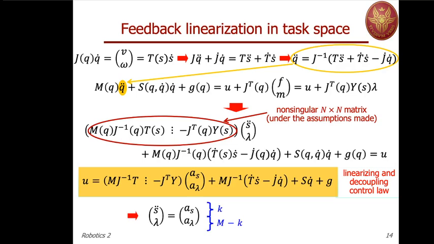So the result is what is expected, as I said. S double dot will be equal to A of S, the new input, and there are K of such equations, and this is a second order differential equation, by the way, while there are M minus K equations which are algebraic equations. You don't see any derivative there, which specify lambda through the new input A of lambda.